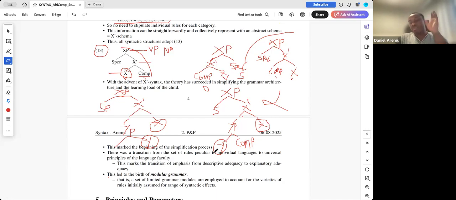Now, why am I bringing this up? This constraint was basically proposed based on many of these European languages. But when you look at African languages, there are some exceptions. Even though, yes, there are ways to explain around it, there are things that actually show exceptions to this constraint. There are languages like Ikale. I'm working on Ikale. I wrote my master's dissertation on Ikale, where the focus marker is actually final.